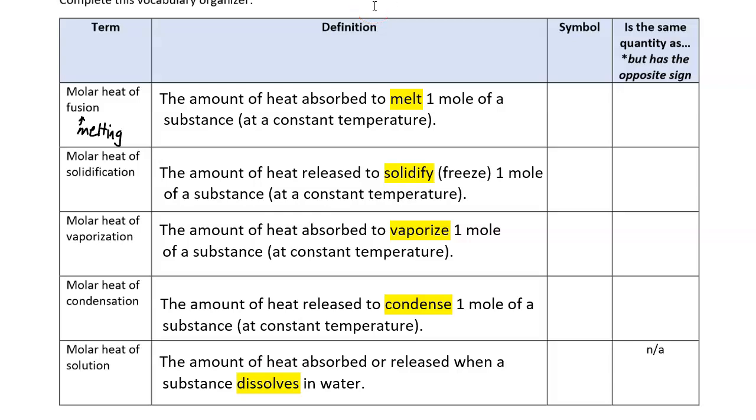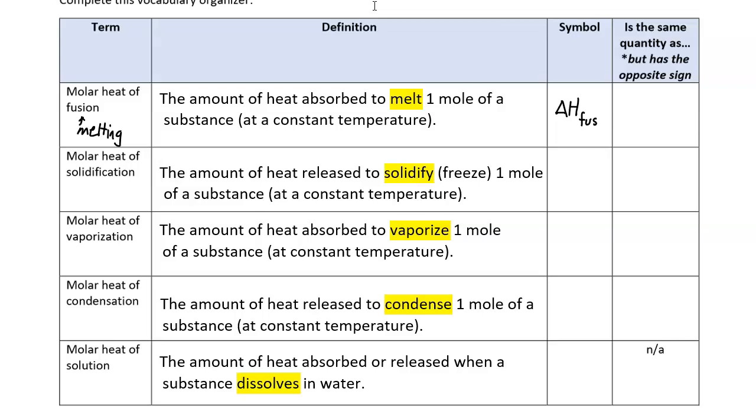Next, let's fill in the right side of the chart where we give the symbol for these different vocabulary words. The symbol for the molar heat of fusion is delta H, and then as a subscript, FUS, which stands for fusion.